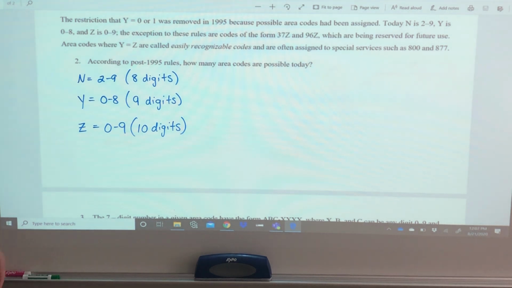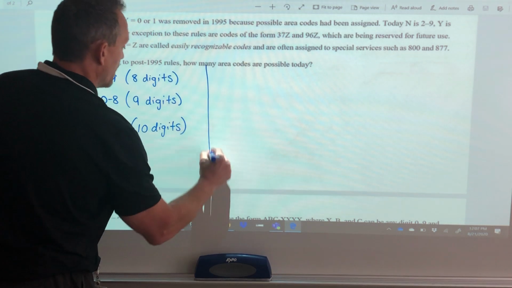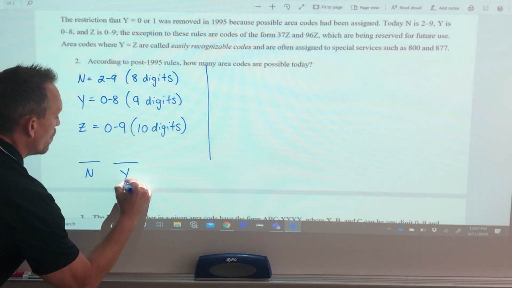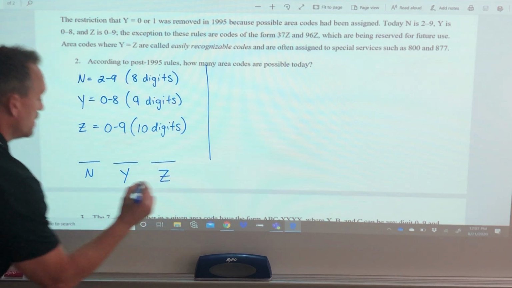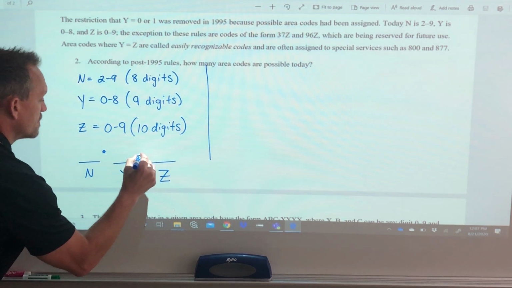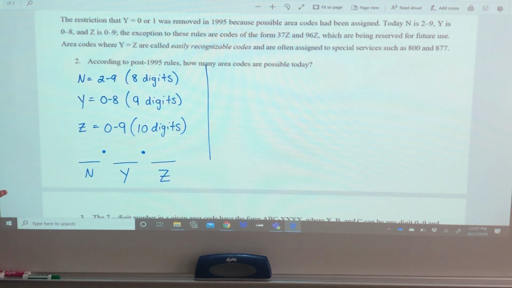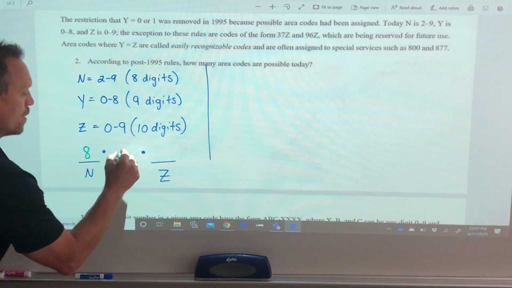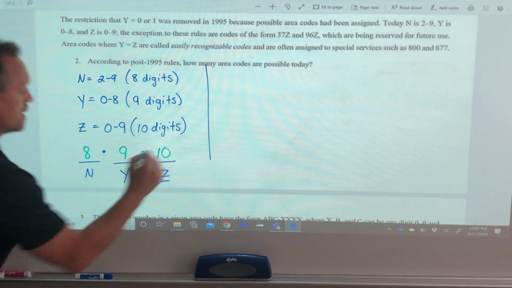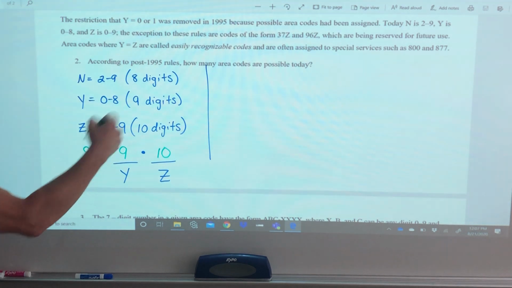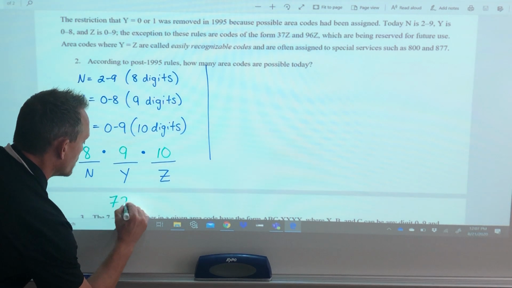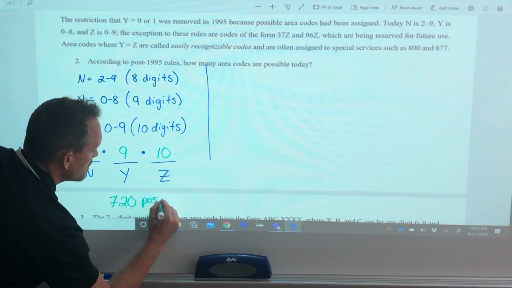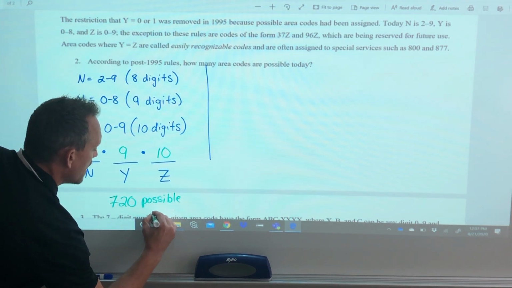So to determine what our total numbers would be would simply be N, Y, Z. N is 8, Y is 9, Z is 10. 8 times 9 is 72, times 10 would be 720 possible area codes.